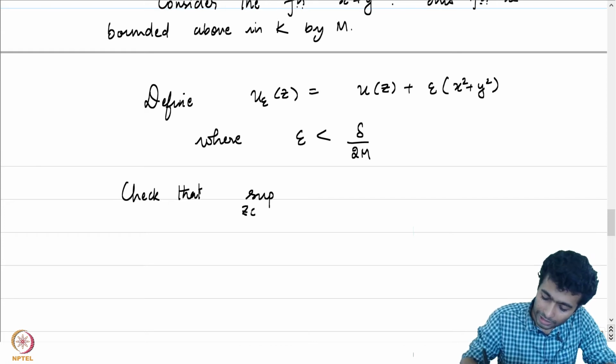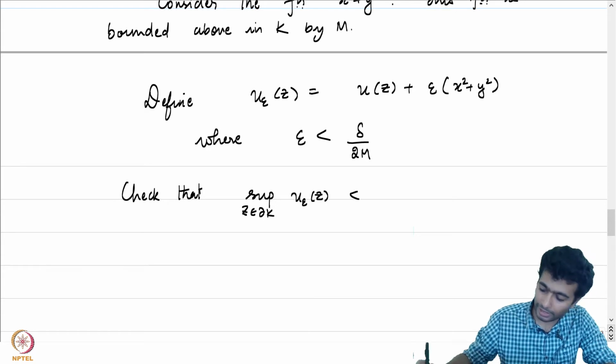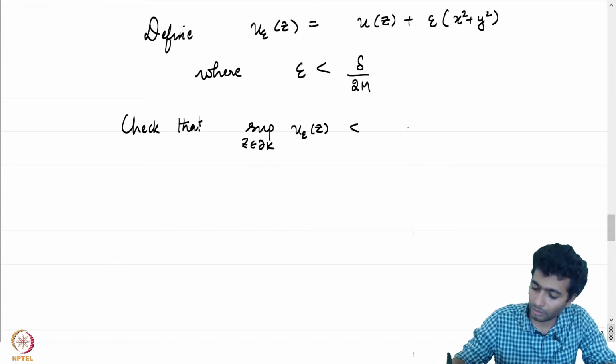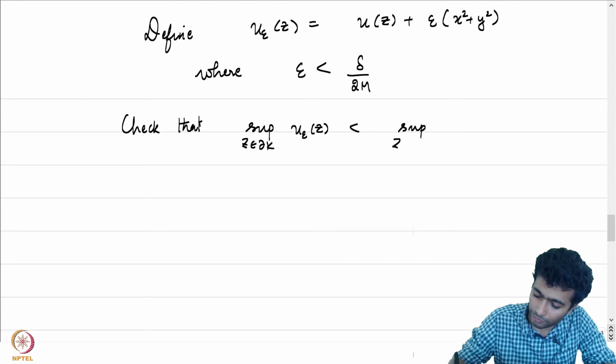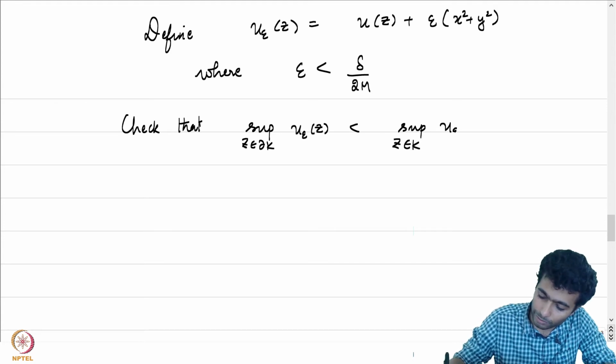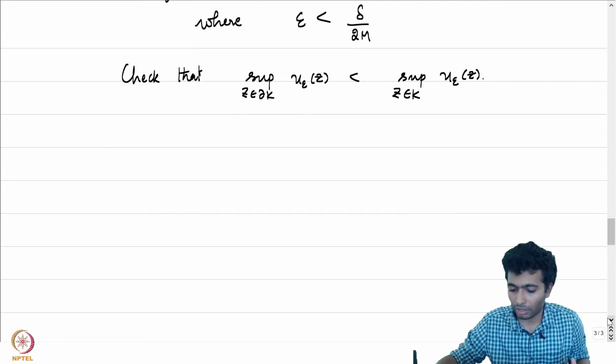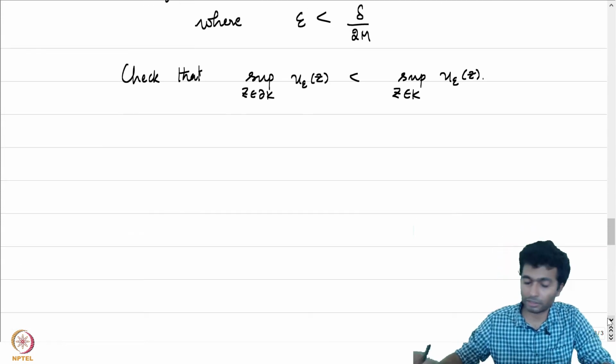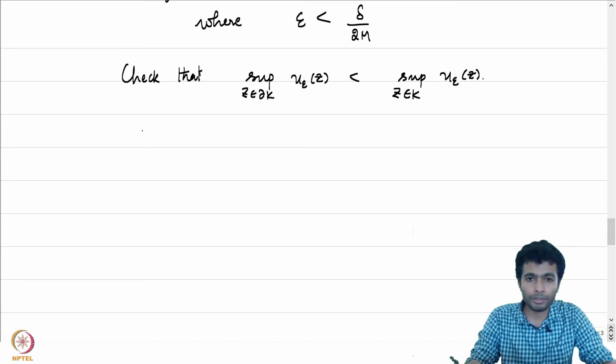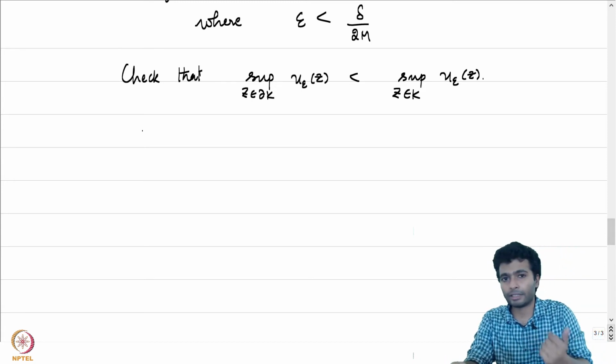Supremum of z in the boundary of K of u epsilon of z is less than the supremum of z in K of u epsilon of z. Now we will use the same trick that we just noted above. There will be some point in the interior where the maximum is attained.